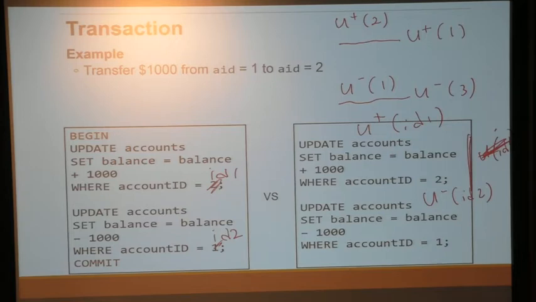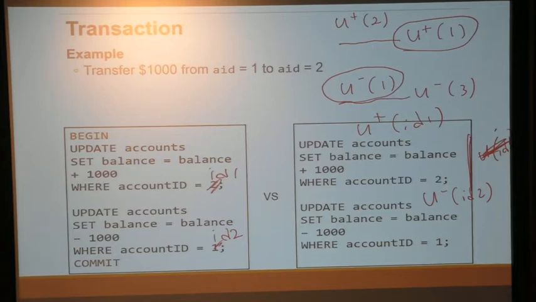And if in this particular instance, the user with account ID 1 has only, let's say, 500, less than 1,000, it will be treated as okay, because in this particular instance, user 1 actually received the money first before it is being deducted. So in fact, even if user 1 has 0 money, it will still be okay.